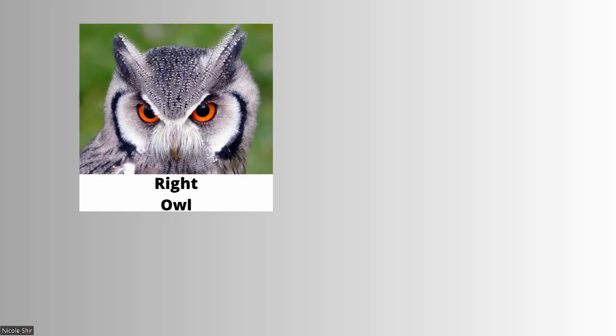So, those are some really important things to know of why we chose the owl to be our right, because they're always thinking, they're problem solving, and they're hunters. That's the other reason why we chose owl to be right, is because owls are natural hunters.